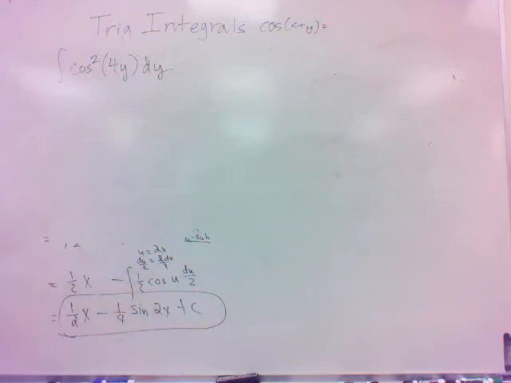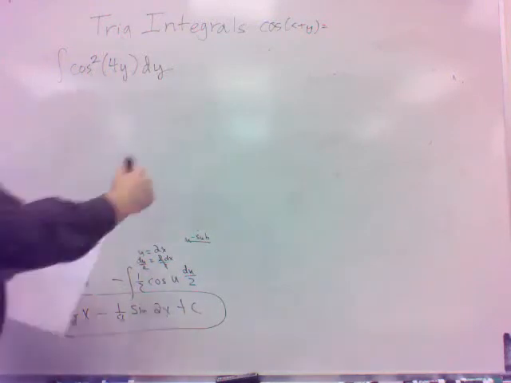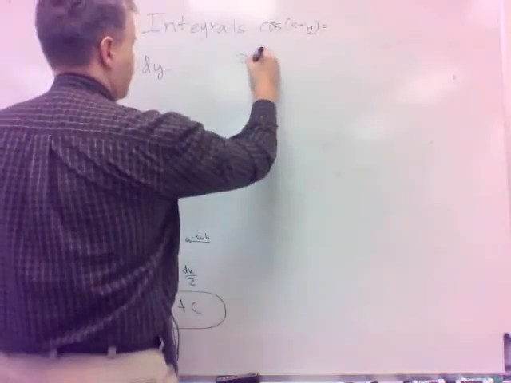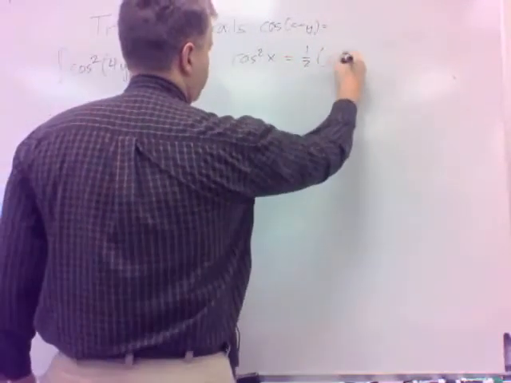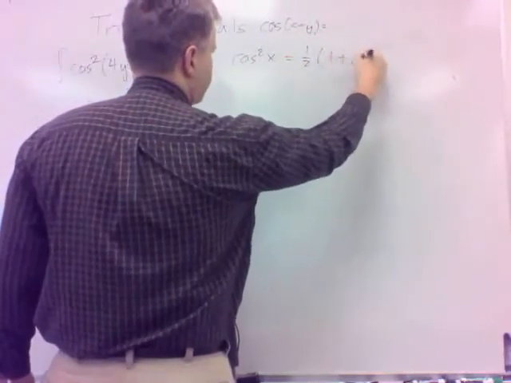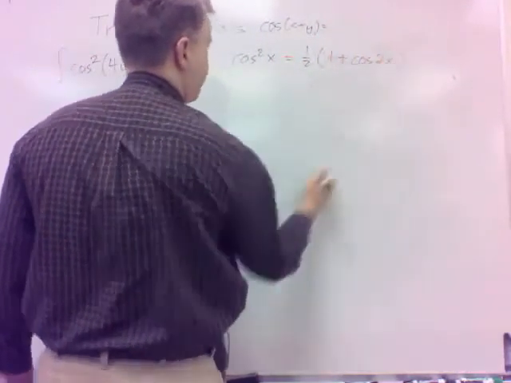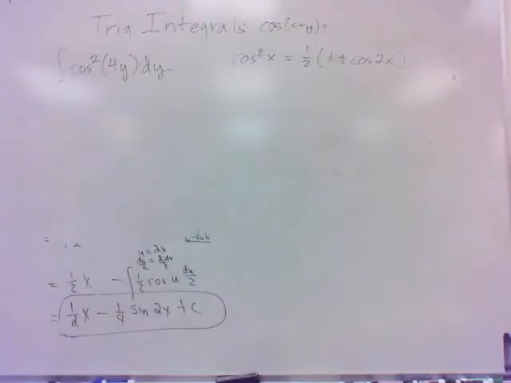First of all, I've only got an even power of cosine, and so that tells me I don't use the Pythagorean identity, I use the double angle. I'll try to get that one right this time. Cosine squared x equals 1/2 (1 plus cosine 2x). I believe that's the way I have it. Should have it listed there.